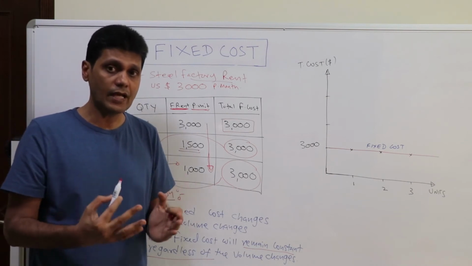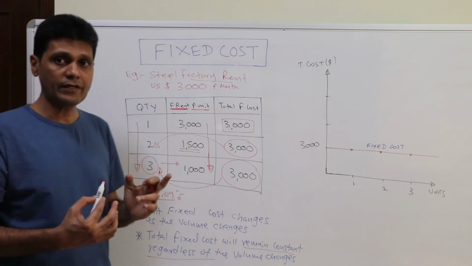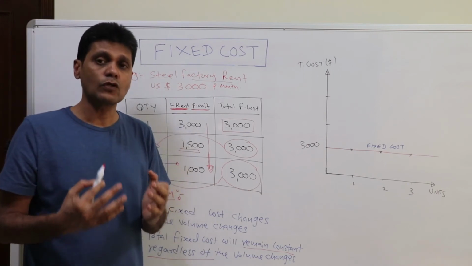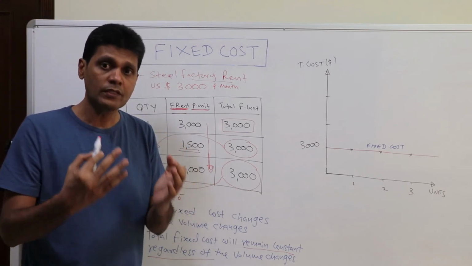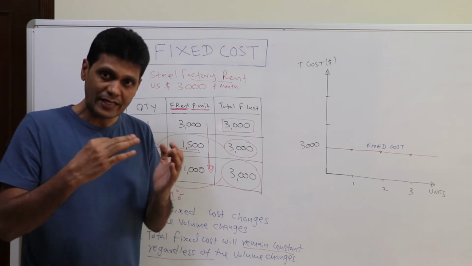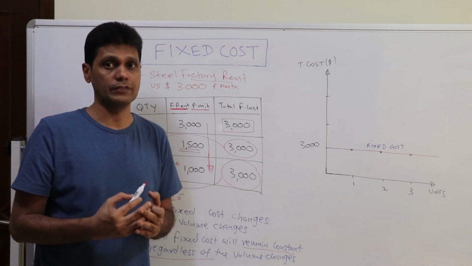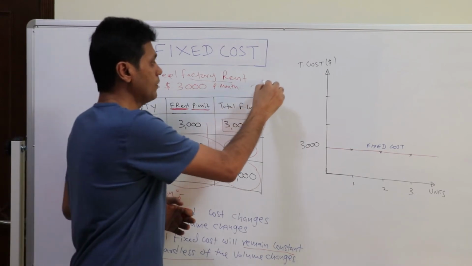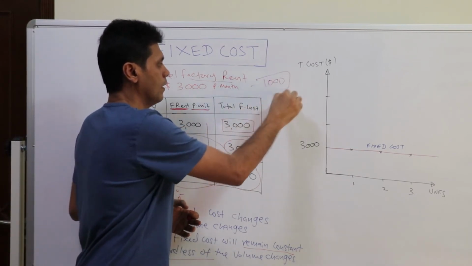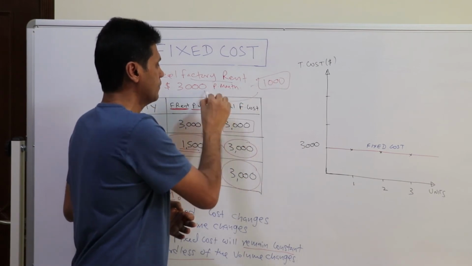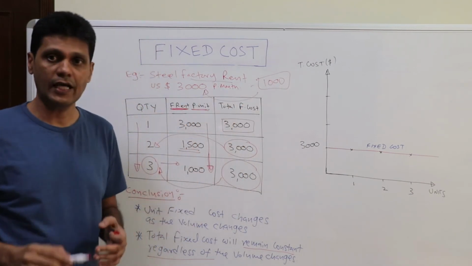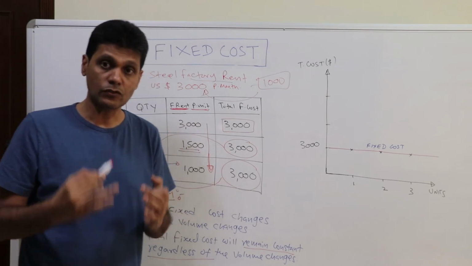For example, let's assume this particular factory can produce up to 1000 units. That is the capacity of the factory, where you can produce only 1000 units. So up to 1000 units, you have to pay this 3000 US dollars as factory rent. That is constant.